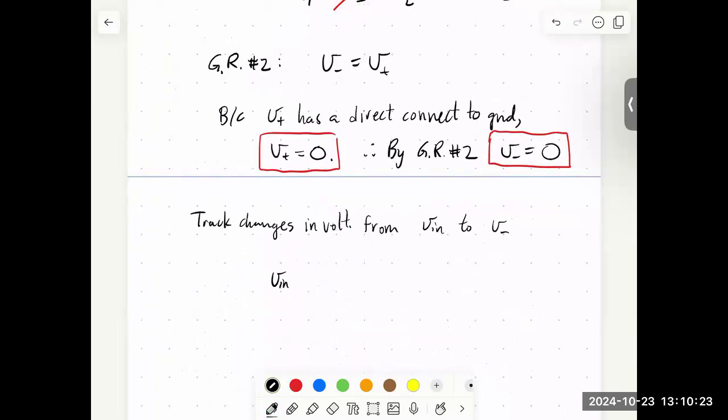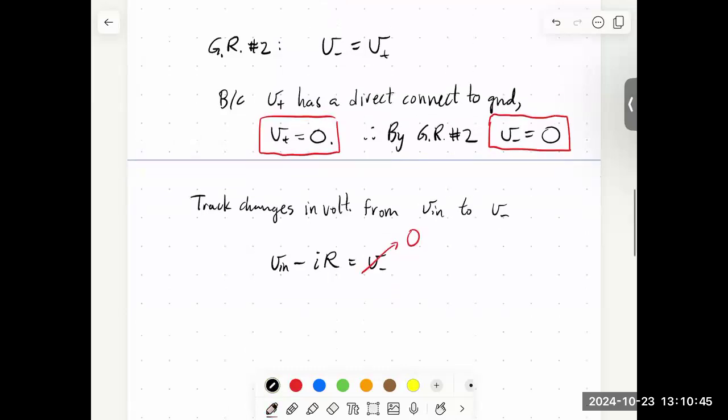We cross resistor R1 in the direction of the current. And so we lose voltage, minus IR. And then we end up at the inverting input. What's the voltage at the inverting input? 0. So that's nice because that makes things simple.